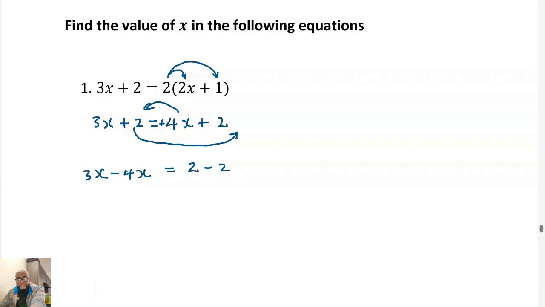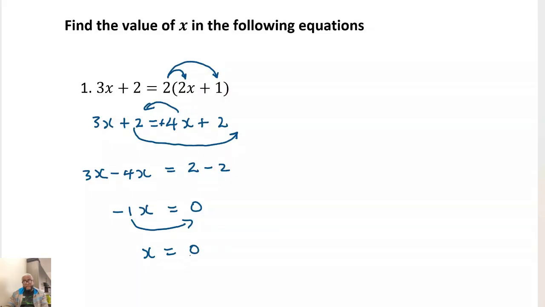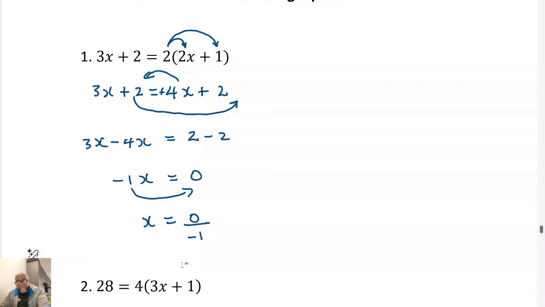So there we go. 3x minus 4x is how much x? Negative 1x is equal to 0. Negative 1 comes here, and what do we do with it? Divide. It will be 0 divided by negative 1. 0 divided by anything would be 0, so x is equal to 0.